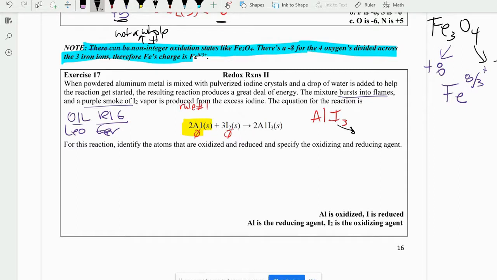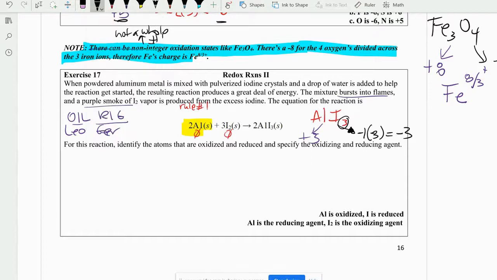If you look at the column that iodine is in, you know that the oxidation state, which is the same as its charge, is a -1. And since there are 3 of them, 3 times -1, the oxidation state of the total amount of iodines in this compound is a -3. Hopefully helpful and confirming, then the oxidation state of aluminum, because there's only 1 of them, must be a +3.